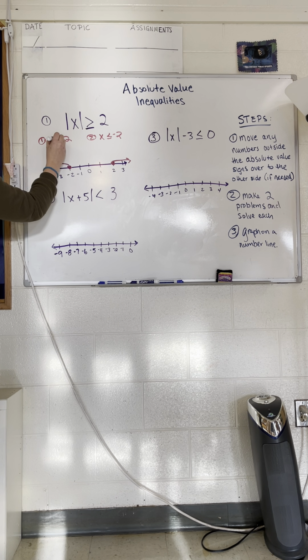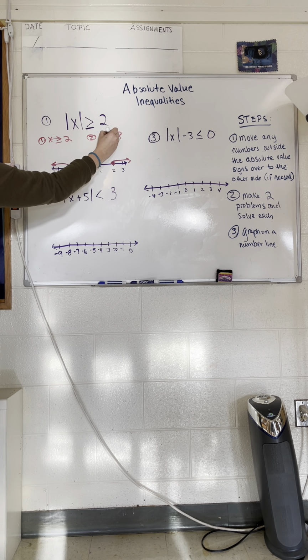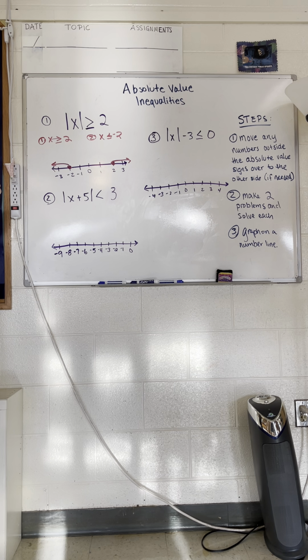If you remember the arrow trick, you can arrow that way, arrow this way, okay? And if you recall, because they're pointing in opposite directions, that could also be "or." So you could say that x is greater than or equal to 2 or less than or equal to negative 2. Okay, but that's basically all you do. You make two problems, and then you solve them, and then you graph them.